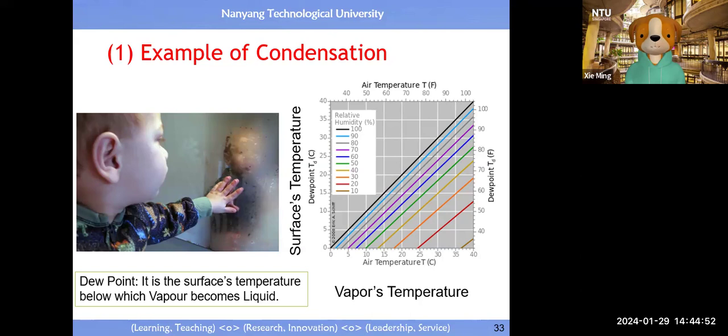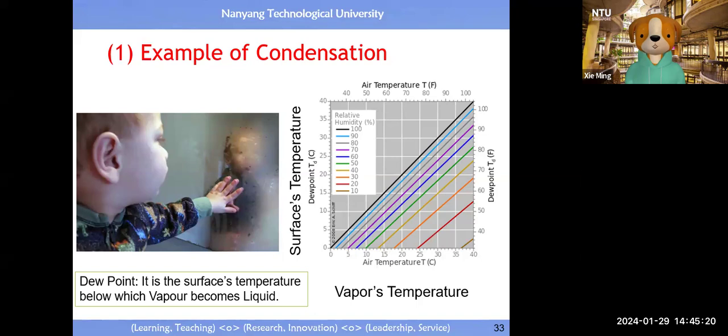So inside the air, if you place a surface at a certain temperature, there is another critical value of the temperature, we call the dew point. So in the winter, and even in summer, when you take a soft drink out of the refrigerator and place it on the table, you will see a lot of water appear on the surface of the soft drink.